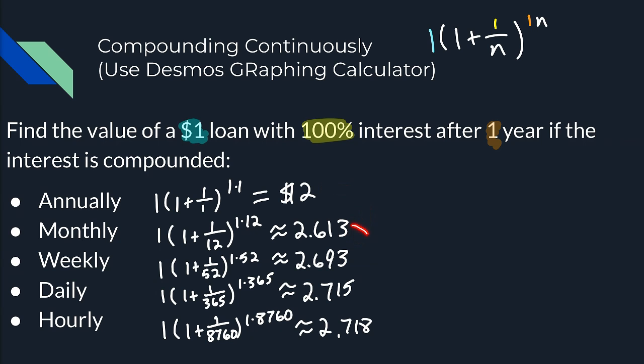Then when we went from monthly to weekly, we had an increase of about 8 cents. And then when we went from weekly to daily, we had an increase of about 2 to 3 cents, just about 2. And then when we went from daily to hourly, we didn't even increase a half of a cent. And Annika says it's increasing by smaller intervals. That's right. And that's really important to notice.